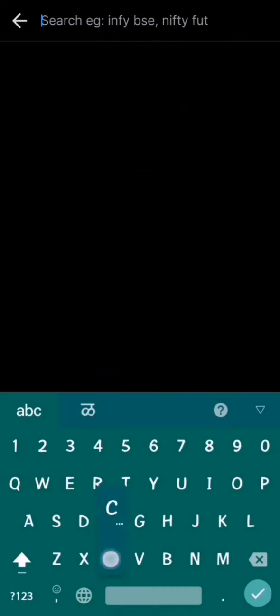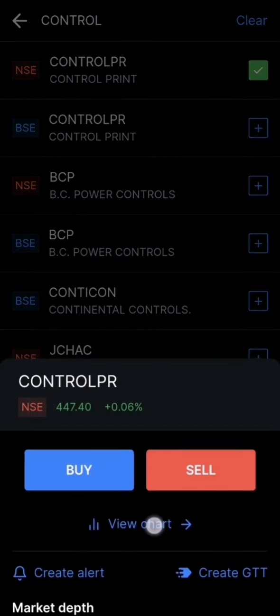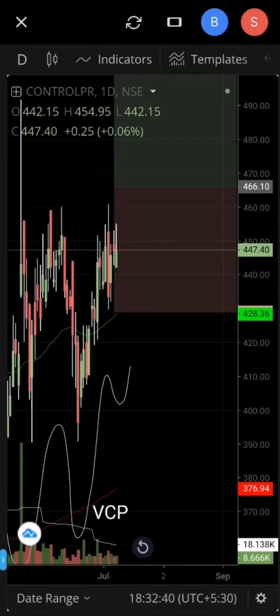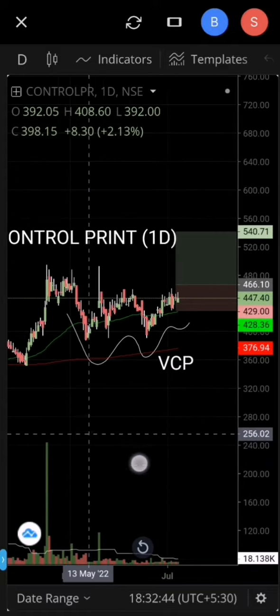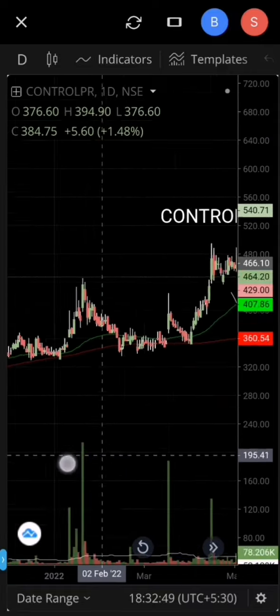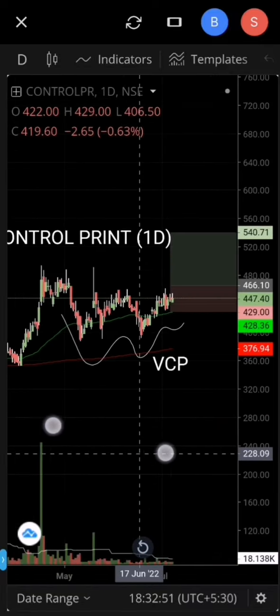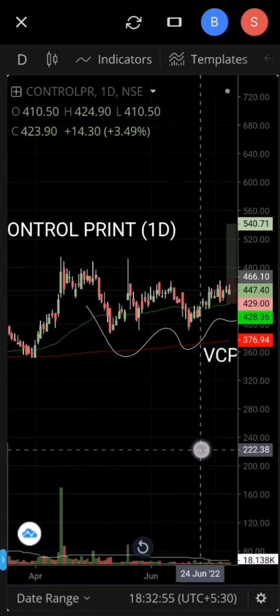Another example is Control Print. In this case, there is again a very strong uptrend going on in the stock. And look at the volumes when the stock is currently contracting.